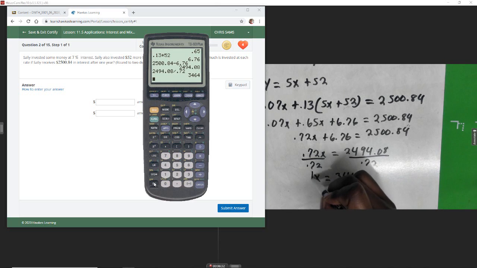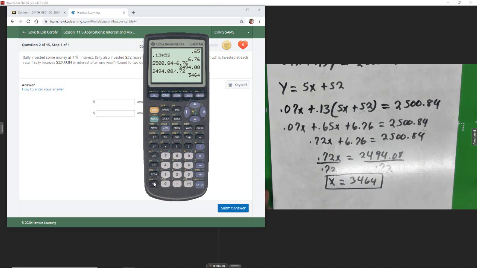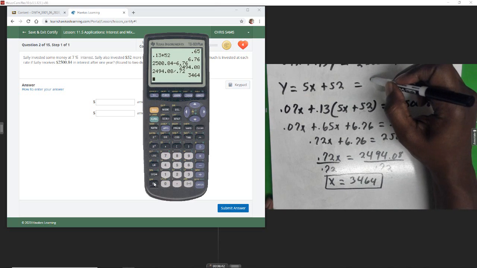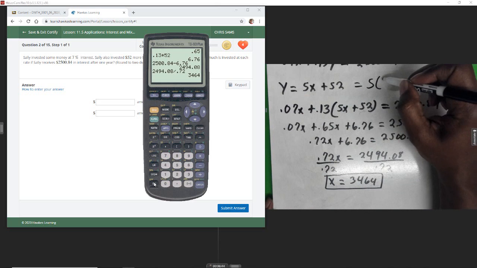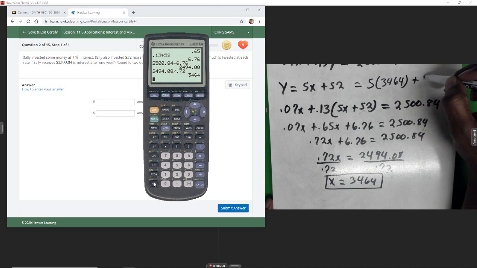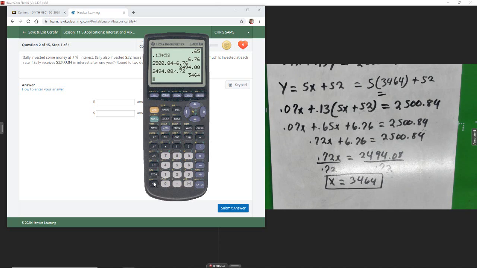So now that we have our amount of money for x, we are going to plug that in here, and that will give us the amount for y. So this is going to be 5 times the 3464 plus 52. I'm just going to take this and say times 5, because it already has that answer in there.